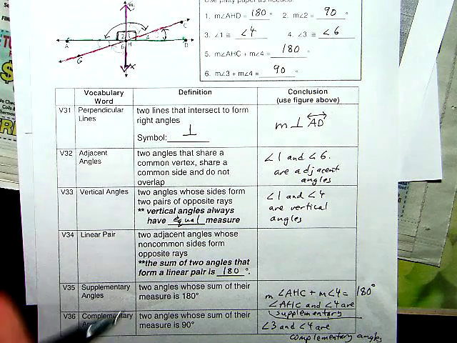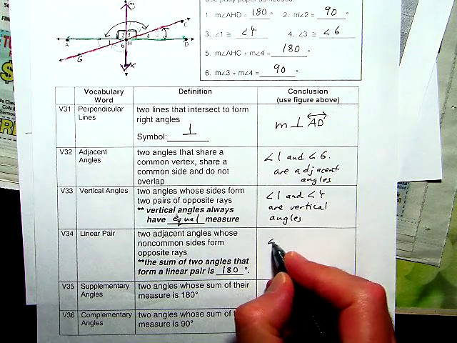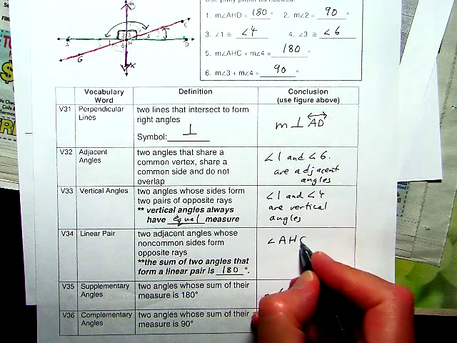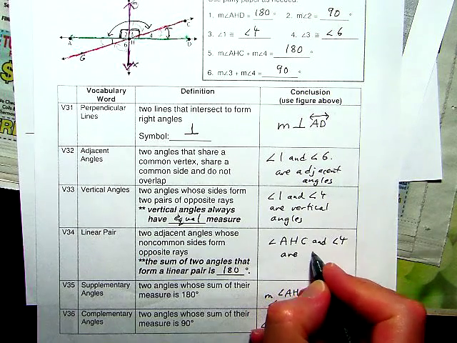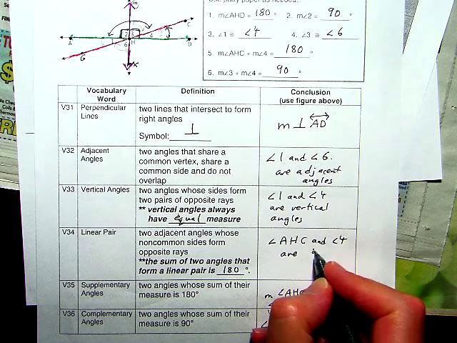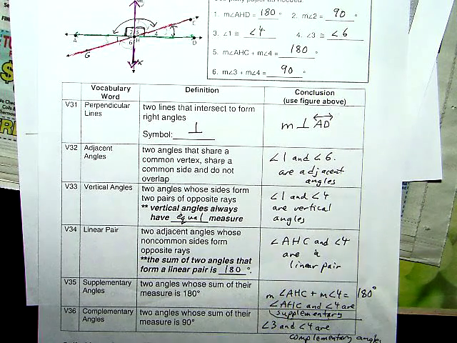Let me also just write in for linear pair. What I left out here is that angle AHC and angle 4 are a linear pair. Just to make sure we filled in everything that we should. Okay, good. In the next video, we're going to proceed to problems 7 and 8.